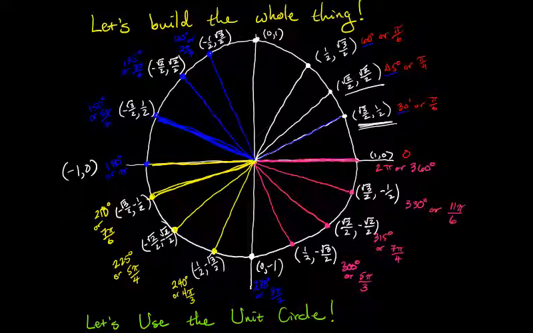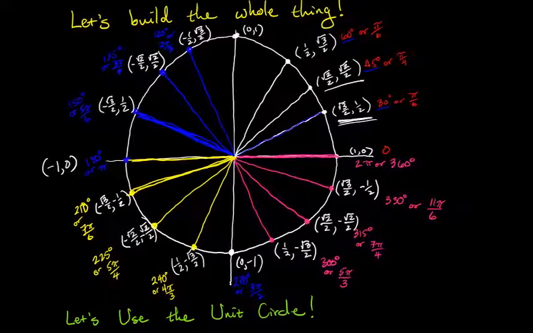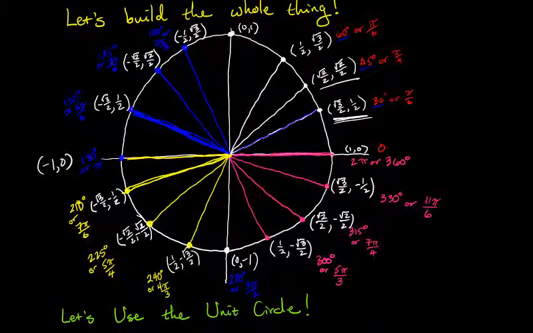Okay, and ladies and gentlemen, that is the unit circle. So that's the whole thing. Couple things about the unit circle. Now that we've drawn the whole thing, there's a couple things that people like to memorize. You could say all students take calculus. So the all means everything's positive in the first quadrant.